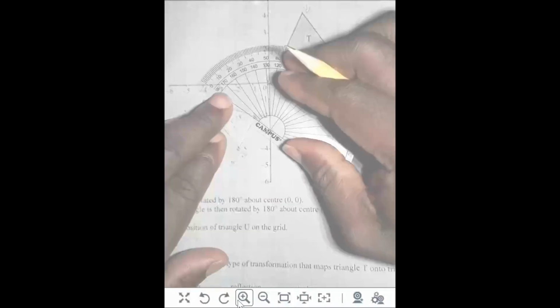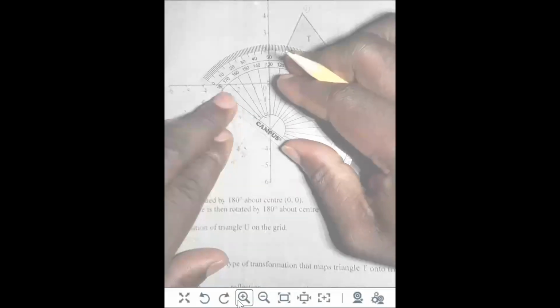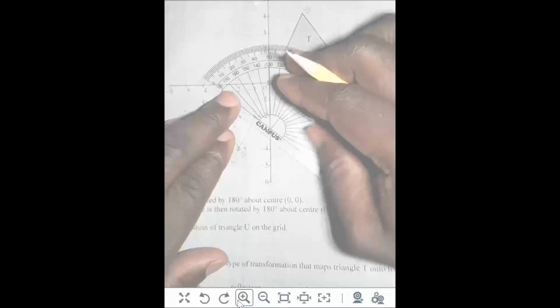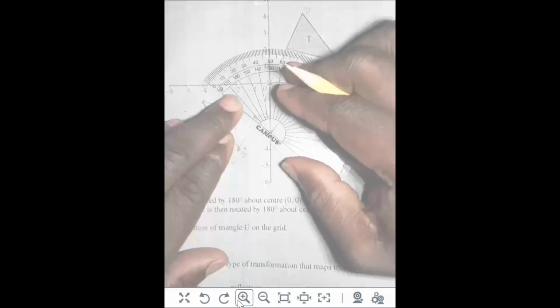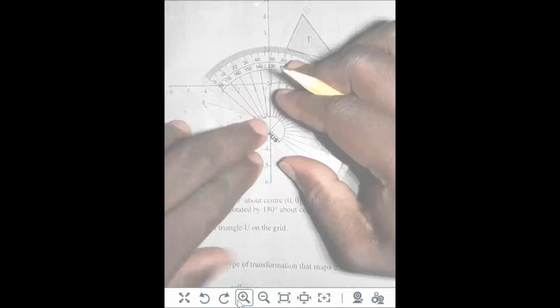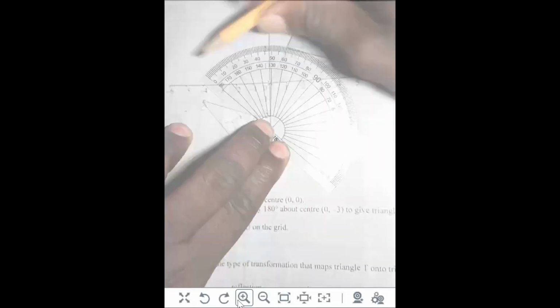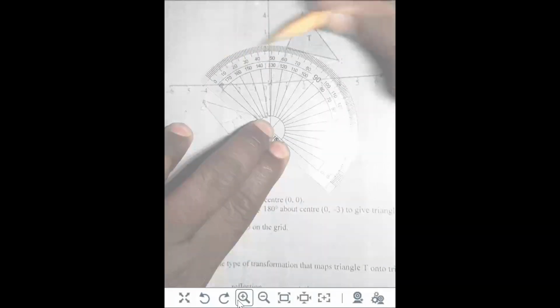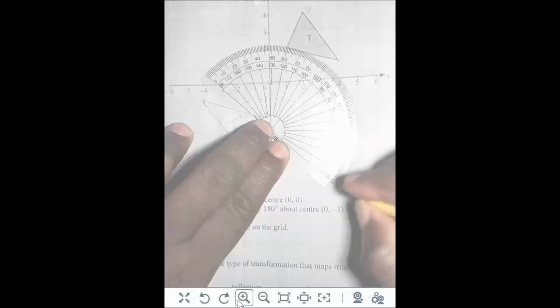Then I'll place my protractor. The center of the protractor will be on the center of rotation, and 0 degree will be on A prime. When I set that very well, I can easily get the 180 degrees. This is 0. You come the long way around here, and this will be the direction of 180 degrees.